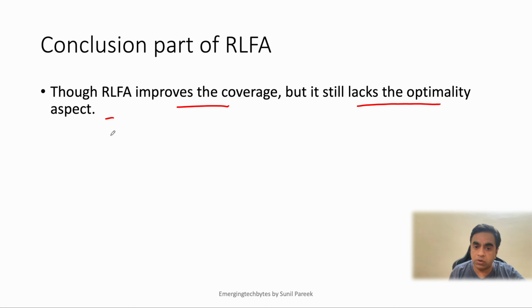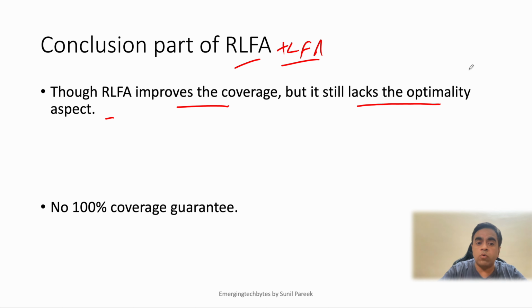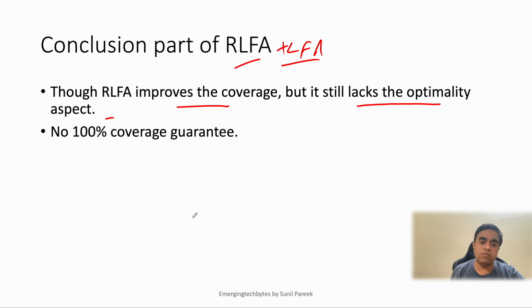And you recall the second problem with RLFA, or I can add LFA here as well: no 100% coverage guarantee. With some optimal design, LFA plus RLFA can provide up to 99% of the coverage, but still that 1% was lacking.